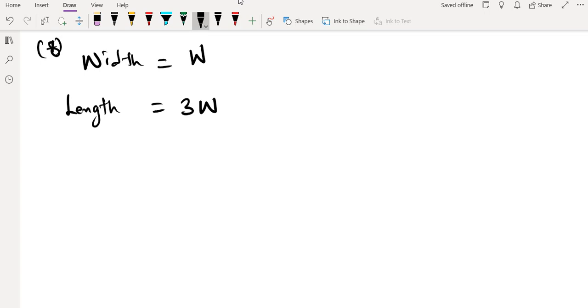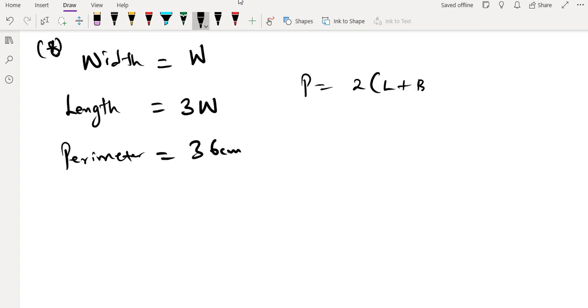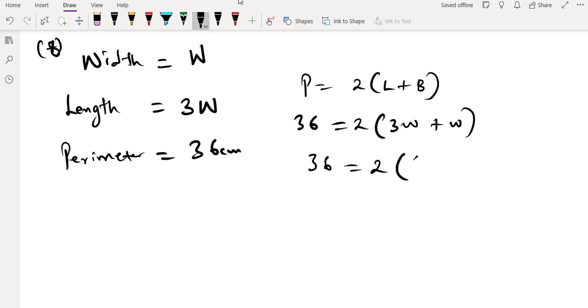And we're given the perimeter of the rectangle. What's the perimeter? 36. Is it 36 centimeters or meters? Okay, perimeter of a rectangle is what? 2 open bracket length plus breadth. 36 is equal to 2(3W + W). 36 equals 2 times 4W, then equals 8W.